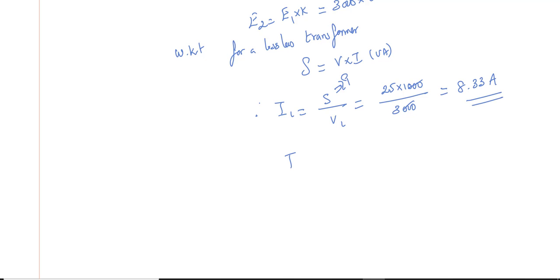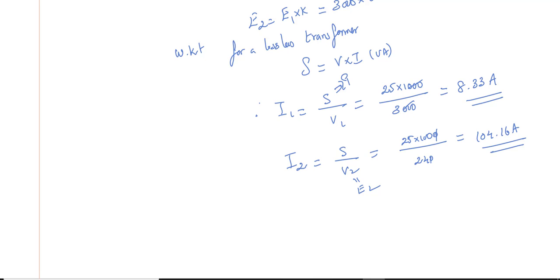Similarly, the I2 value is equal to S by V2. We know the V2 value is equal to E2. So, 25 into 1000 divided by 240. If you calculate this, you will get 104.16 amps.